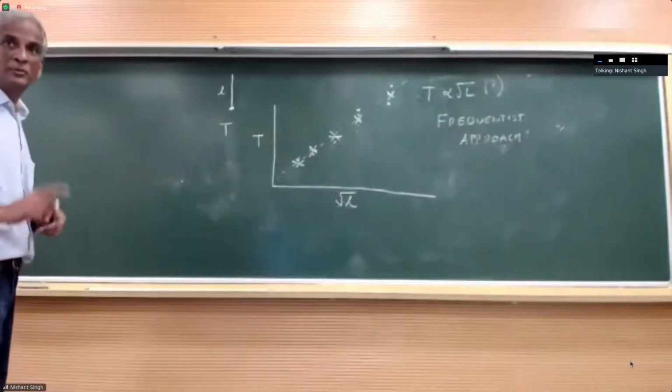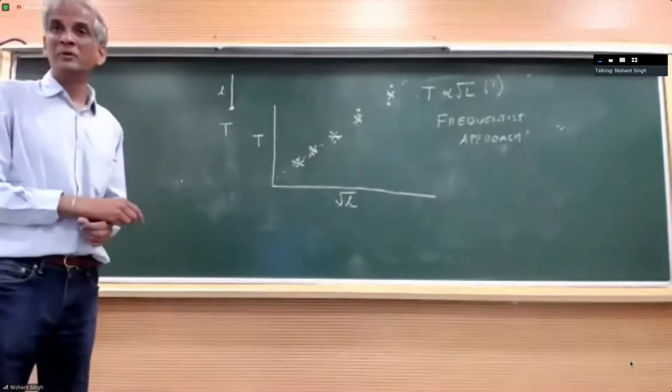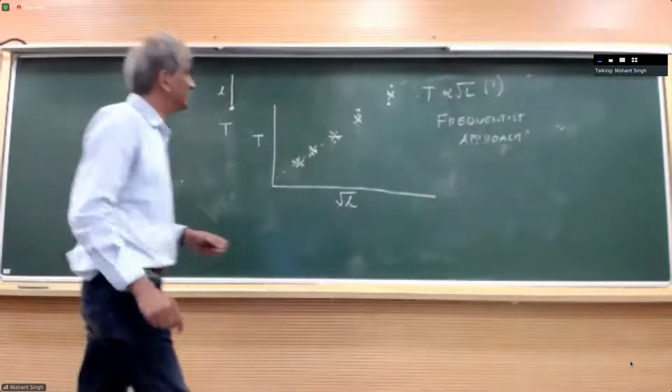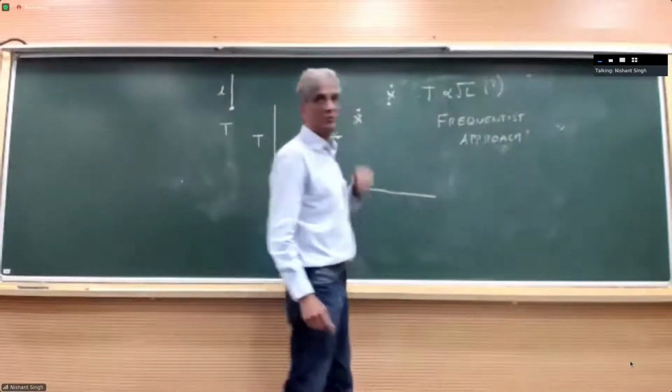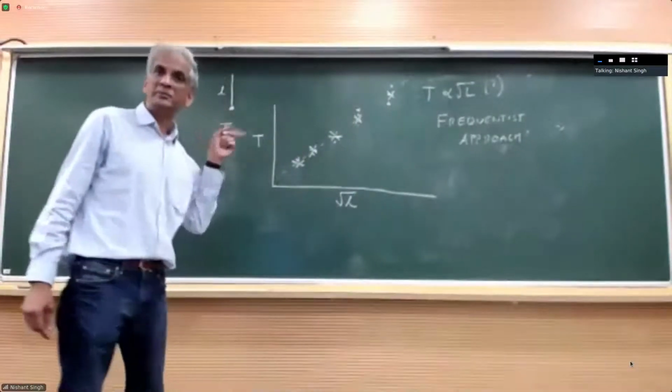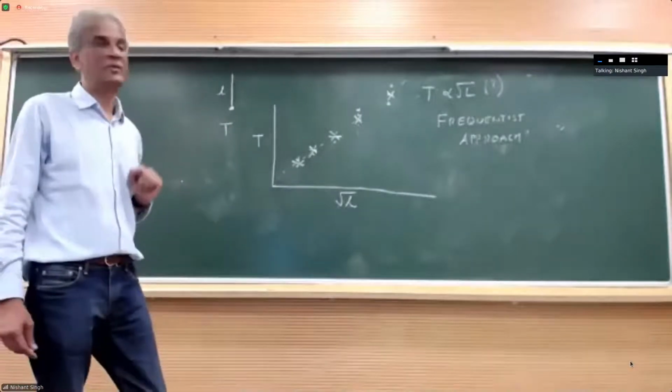What is the problem? The problem is how do you prove that this is not true? Because unless I do this experiment an infinite number of times, I cannot prove it.